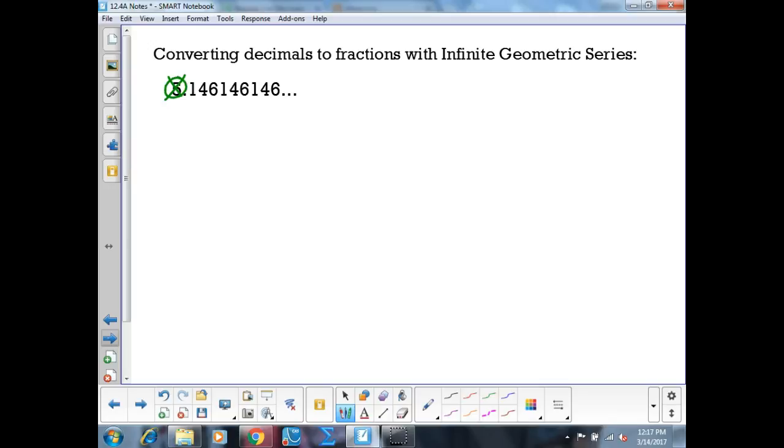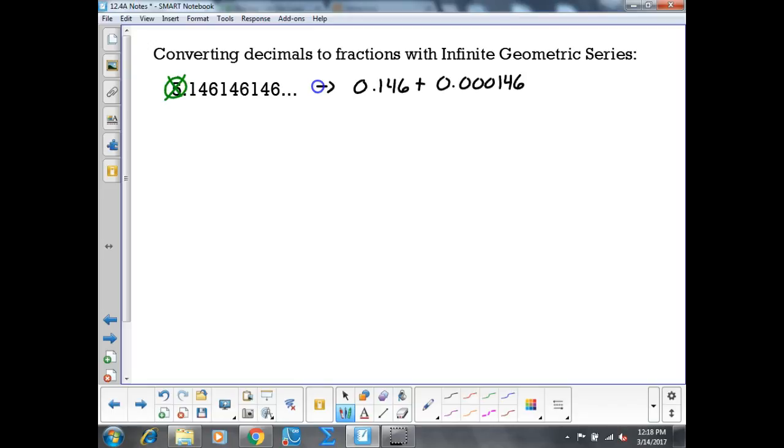So this is 0.146 plus 0.000146 plus, and so on.